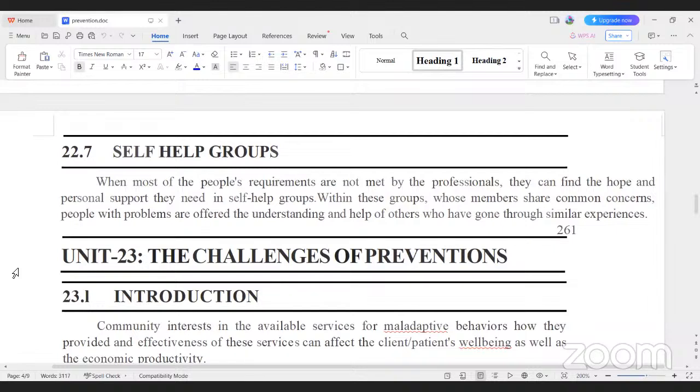For that only, we have to work in social groups. At least throughout the year, at least 2 times, we can go to some areas. We have to arrange some community programs. We can create some awareness. Then only these preventive activities will improve. This is our social responsibility.